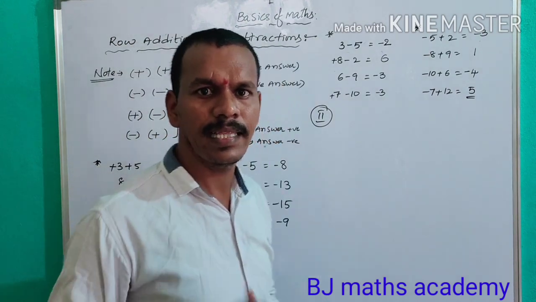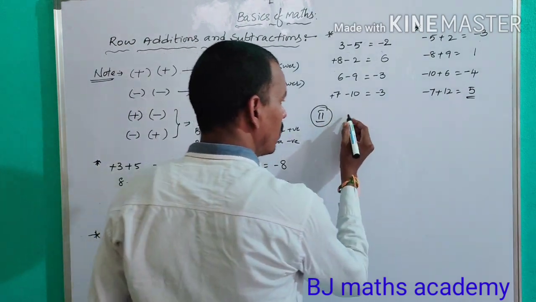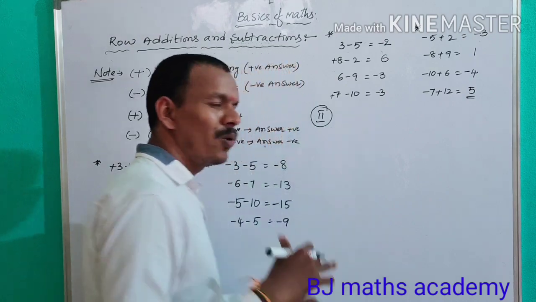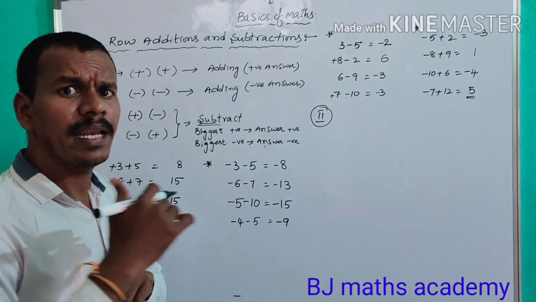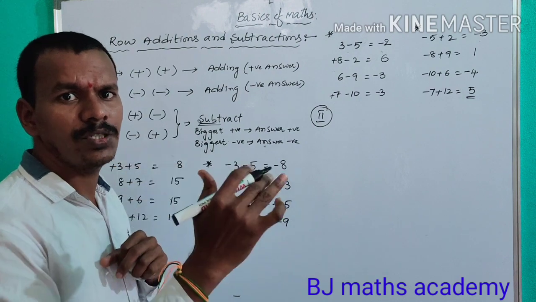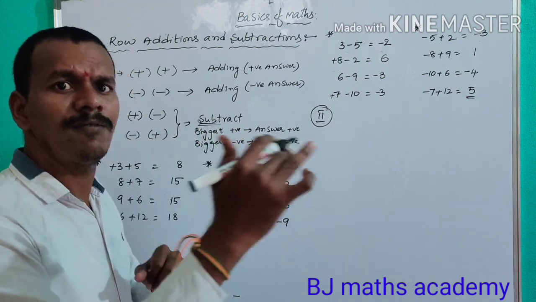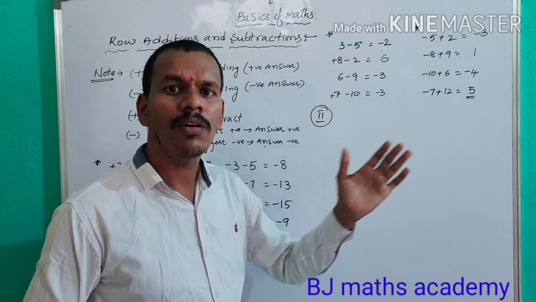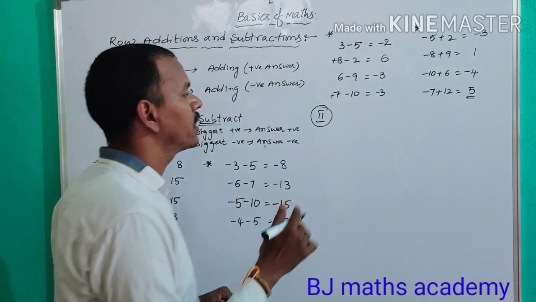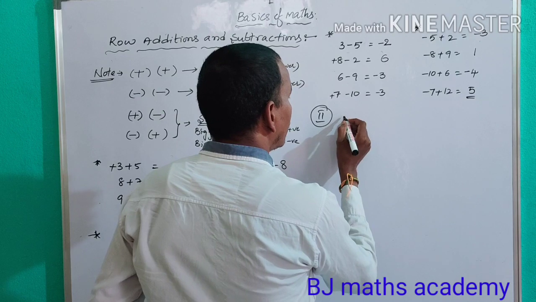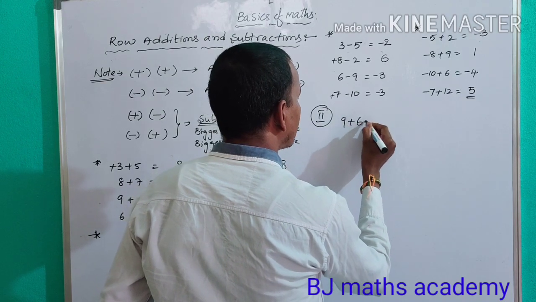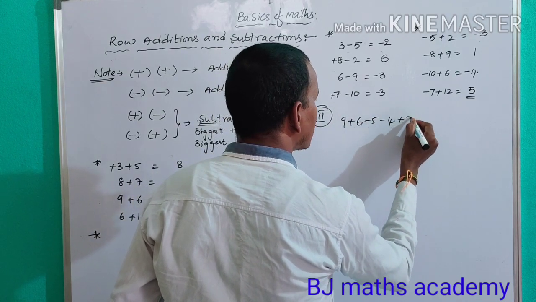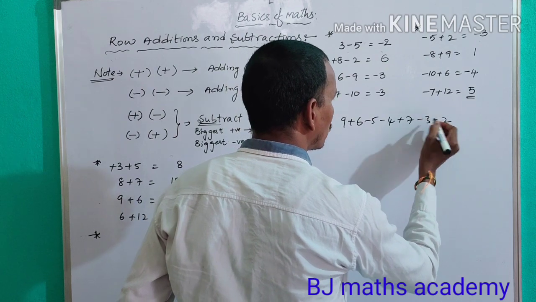Now let us see how it is. When some positives and some negatives are given at a time, how can we add them? Which is the correct way? If we choose the right way, we will not get confused. Now we have to see this: 9 plus 6 minus 5 minus 4 plus 7 minus 3 minus 2 plus 2.